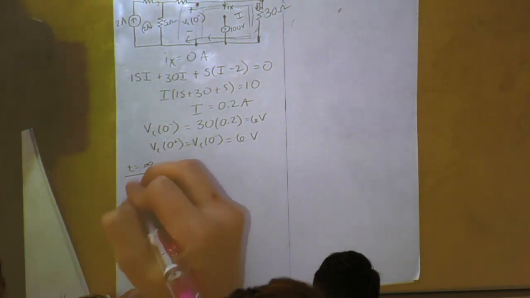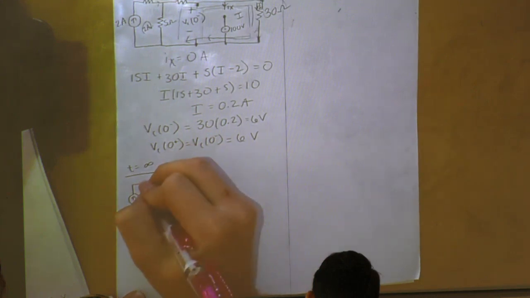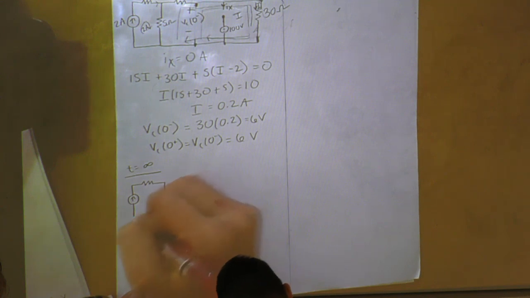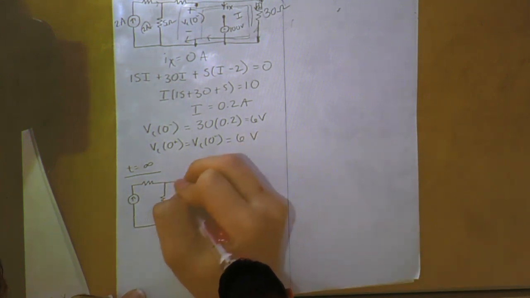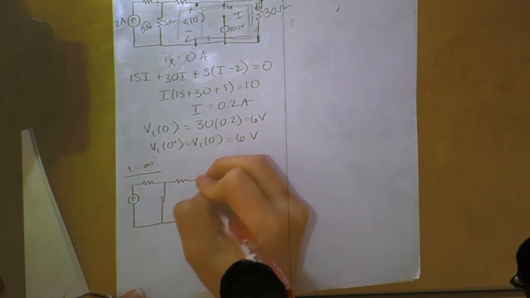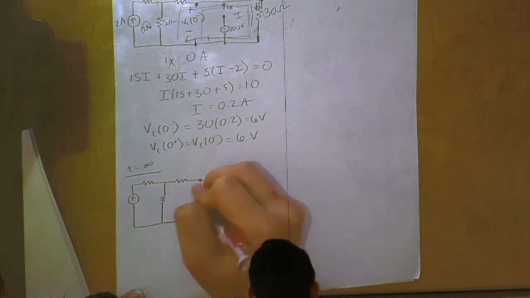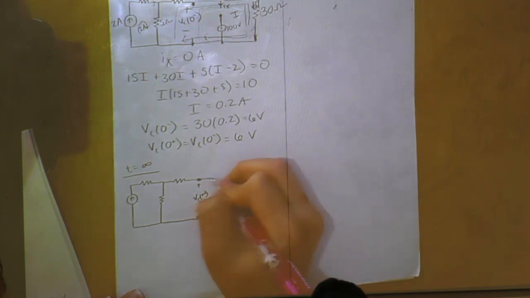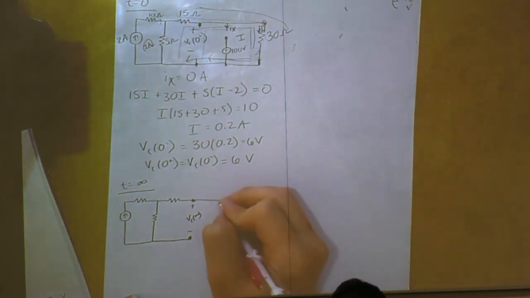We have our 2 amps, our 10 ohm, have our 15, and our capacitor is still going to be open. So let's go ahead and keep those nodes to remember where it is. Then our switch is going to be closed.